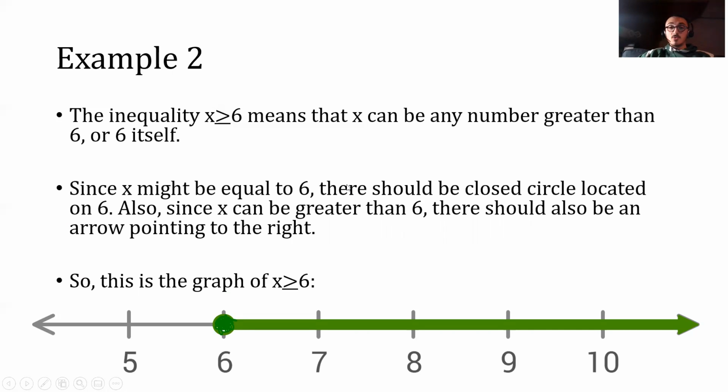Also, since x can be greater than 6, there should also be an arrow pointing to the right. So this is the graph of x is greater than or equal to 6. You'll notice the only real difference here on the graph is instead of having an open circle, we now have a closed circle. And that's really it.